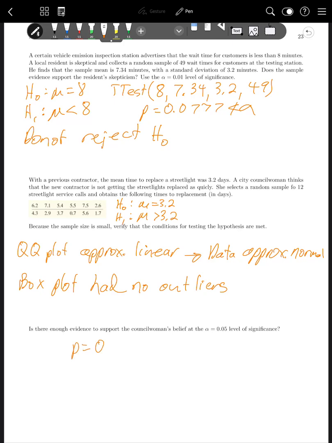So p equals 0.0361. So that is less than alpha, so we reject H naught. So there is sufficient evidence to suggest that the time it takes the new contractor to replace streetlights is greater than 3.2 days. Okay, so that's it for section 10.4.